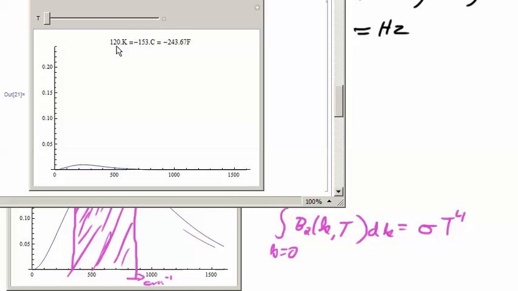So look at this, it says 120 Kelvin. If I bring this up to 240 Kelvin, the area should be 16 times as big. So bringing that up to 240, does that area look about 16 times as big as that area?